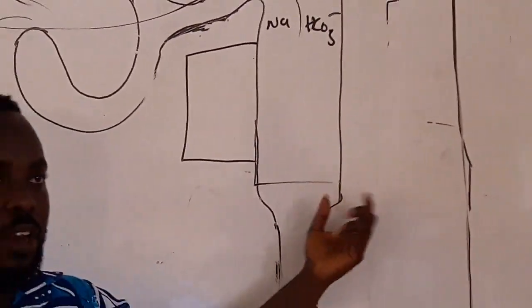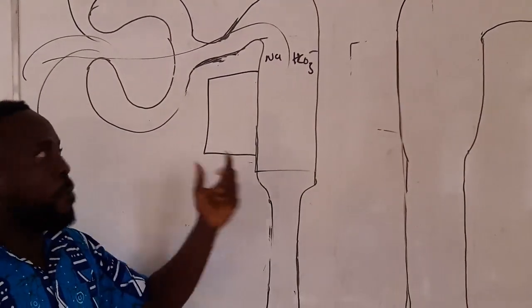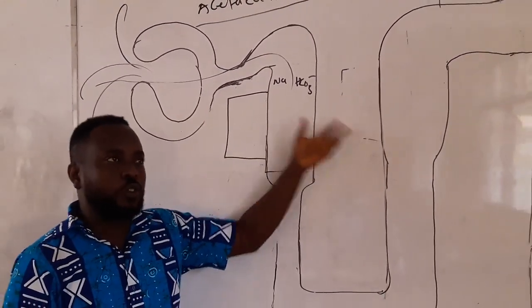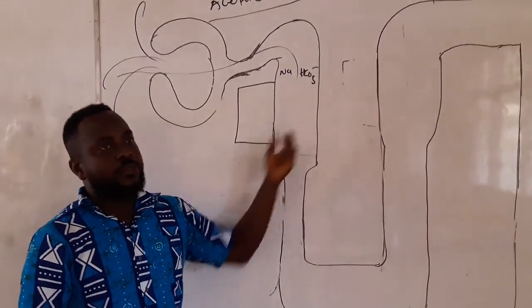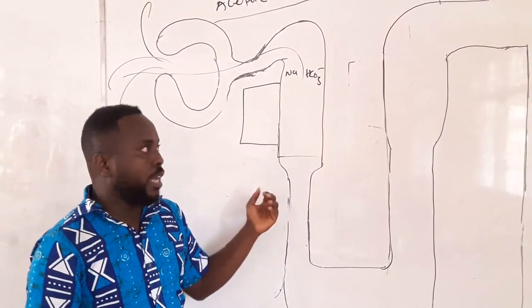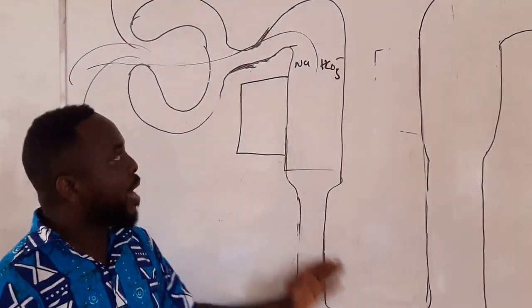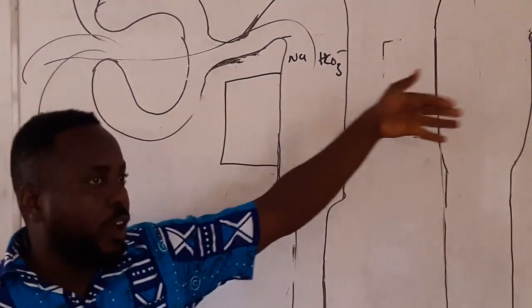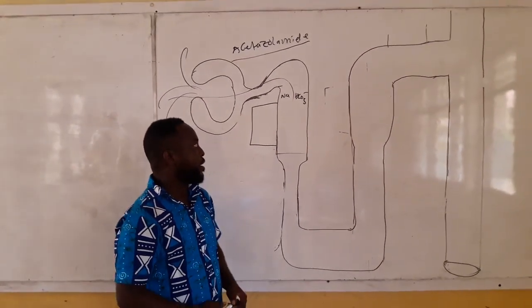Bear in mind, the proximal tubule reabsorbs 65% of the filtrate delivered to it, and the other part is absorbed along the length of the nephrons.